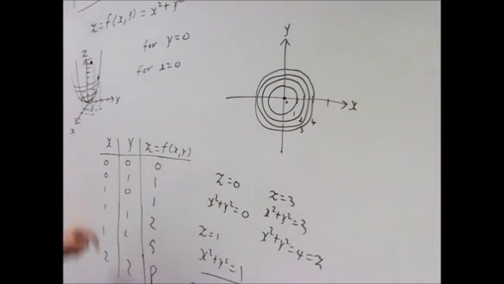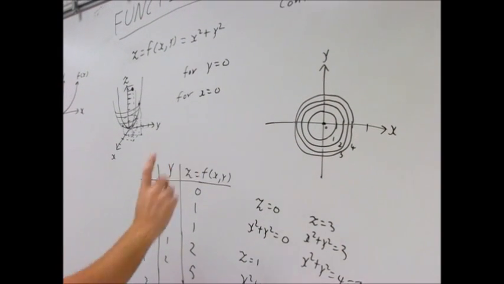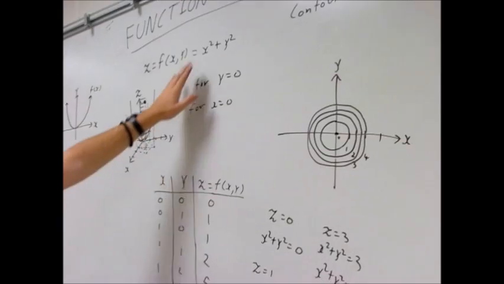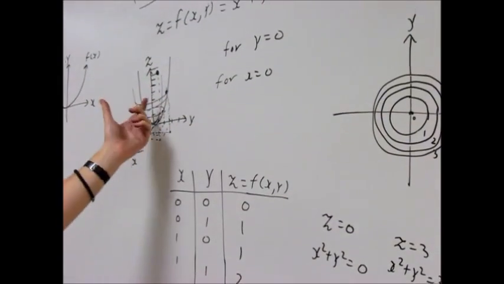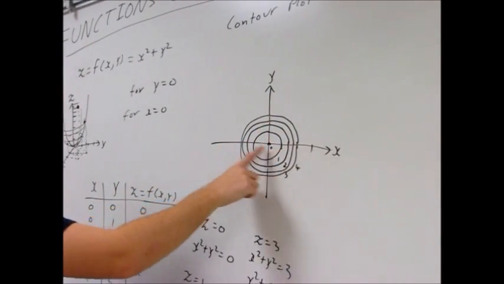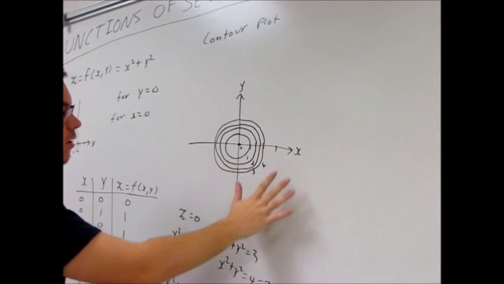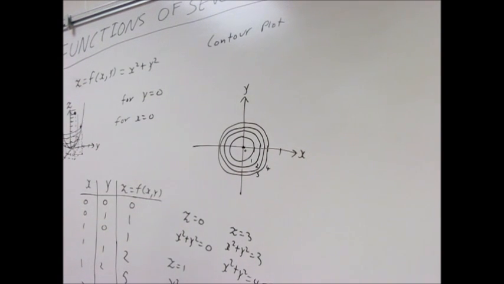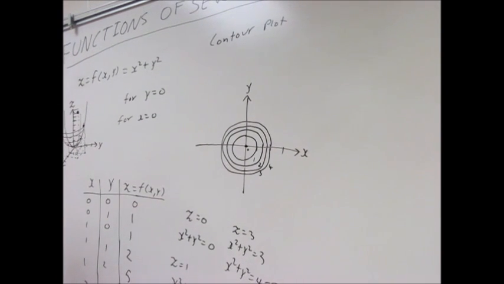It's like a parabola that's been rotated, which is what we know it is, because if you make x equals 0, y equals 0, we see that they're parabolas. And so this is increasing at a quadratic rate. But these kinds of contour plots are helpful also in visualizing the shape of the graph.